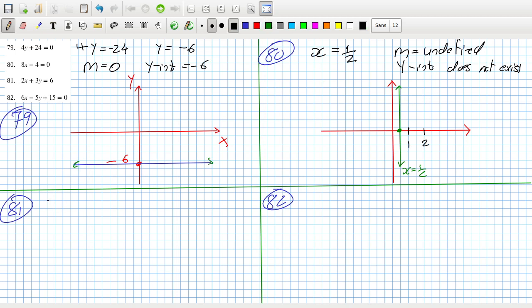The next one, 2x plus 3y equals 6. That means 3y equals minus 2x plus 6. That means y equals minus 2 over 3 x, if I divide by 3 now, plus 2, which means the m is minus 2 over 3, and the y-intercept is 2.